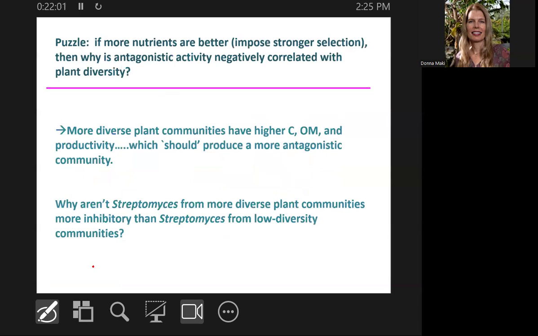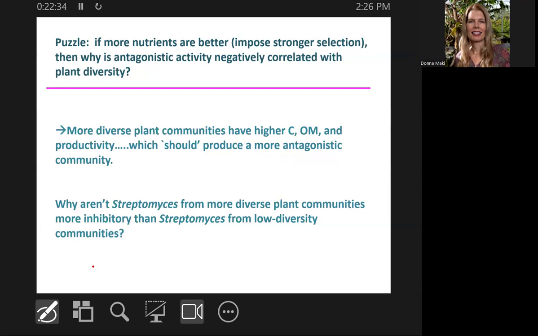So if more nutrients are better, high glucose, high lignin, how come we see this? We initially would think high diversity of plants would be a good thing because that gets you a lot of yummy carbohydrate coming out into the soil from the plants. The more diverse plant communities have higher carbon, organic matter, and productivity, which in theory should give you nice inhibition.